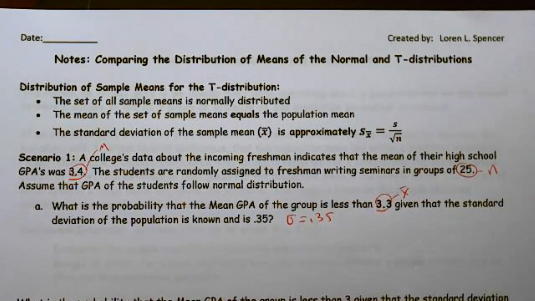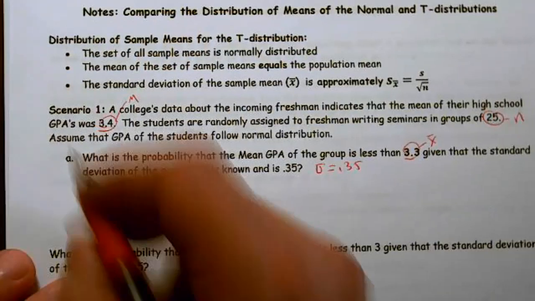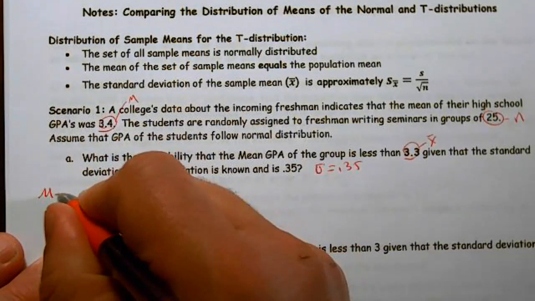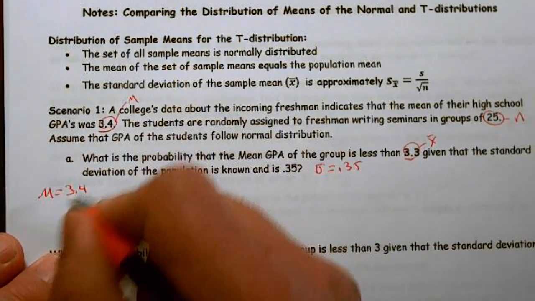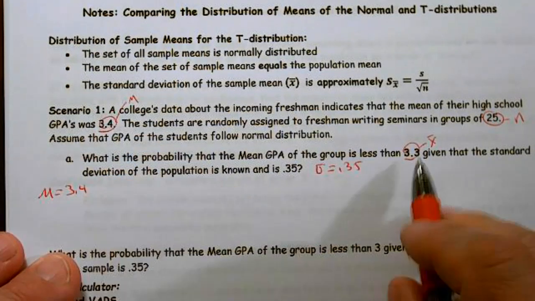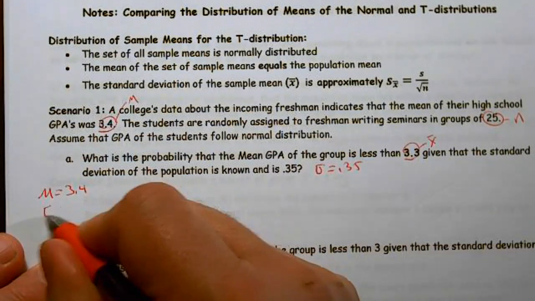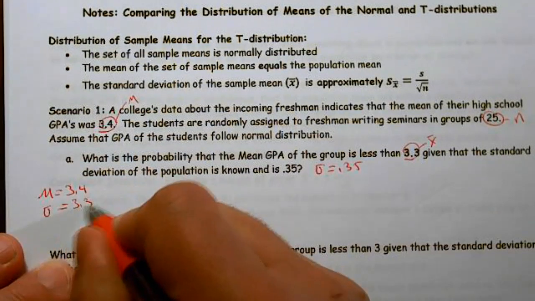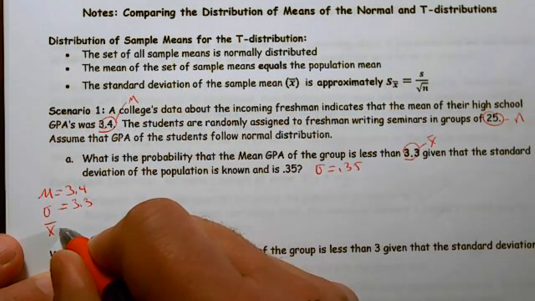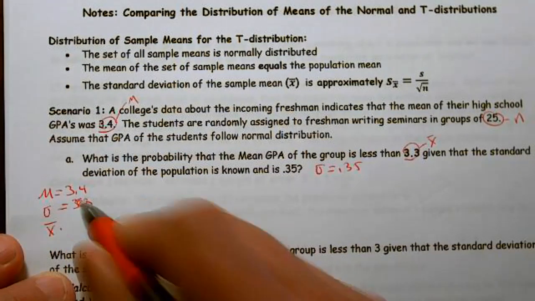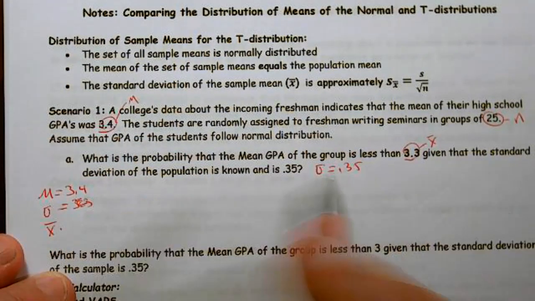So I'm going to go ahead and make a list of what we have here. We have a mean of 3.4. We have a standard deviation of the population of, excuse me, not 3.3, 0.35.